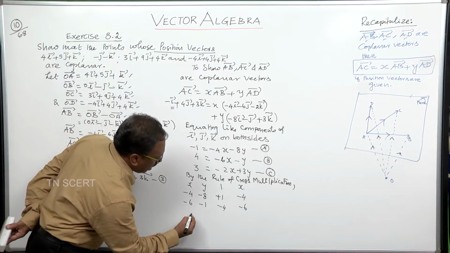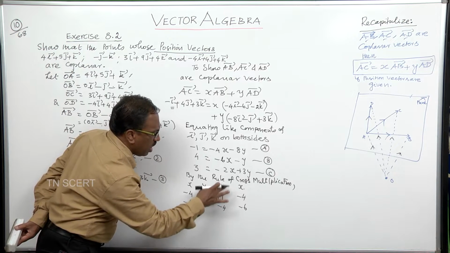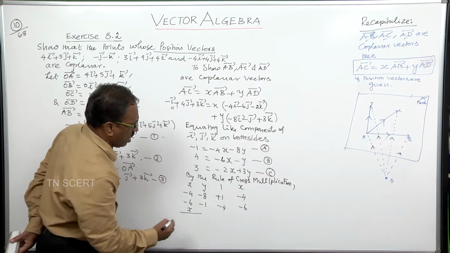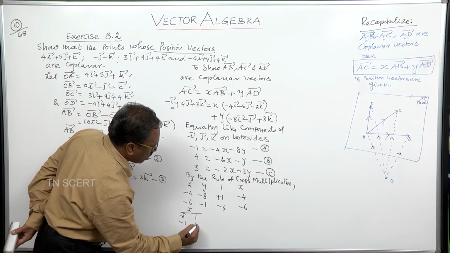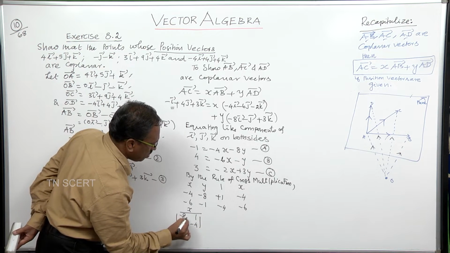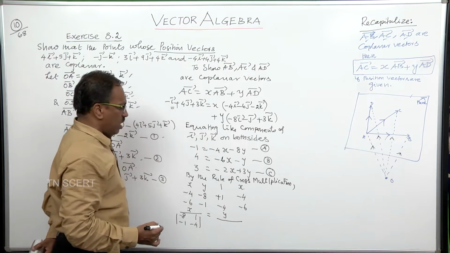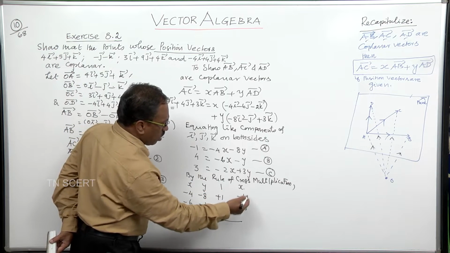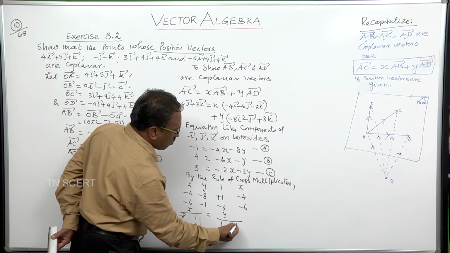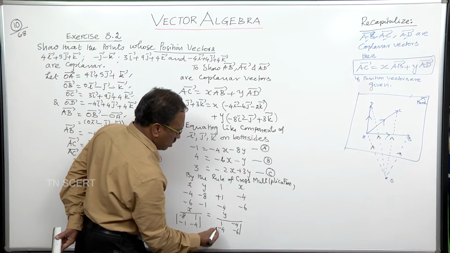Now let us take x is equal to, leaving this part, in the next two columns we have to consider next 8, 1, minus 1, minus 4 of determinant, is equal to y. And y is equal to next two columns 1, minus 4, then minus 4, minus 6.